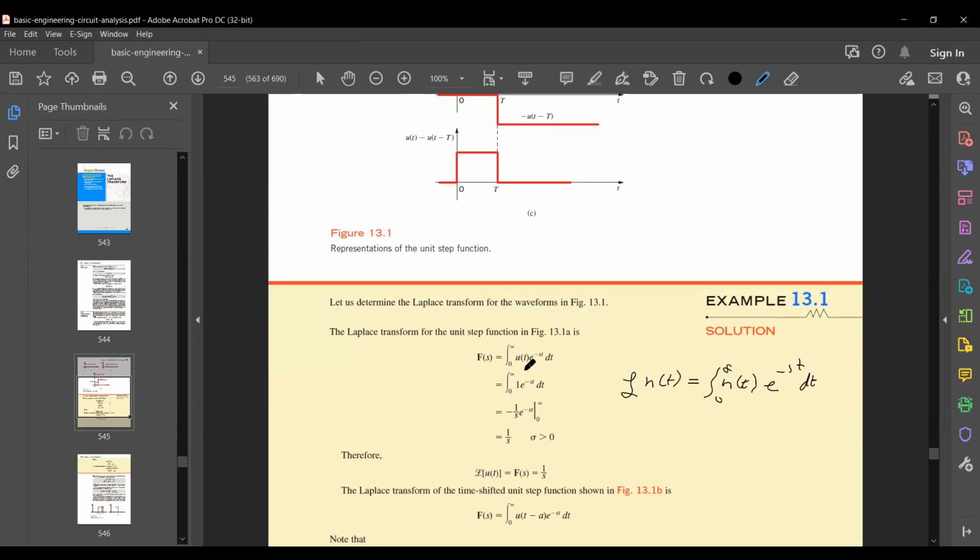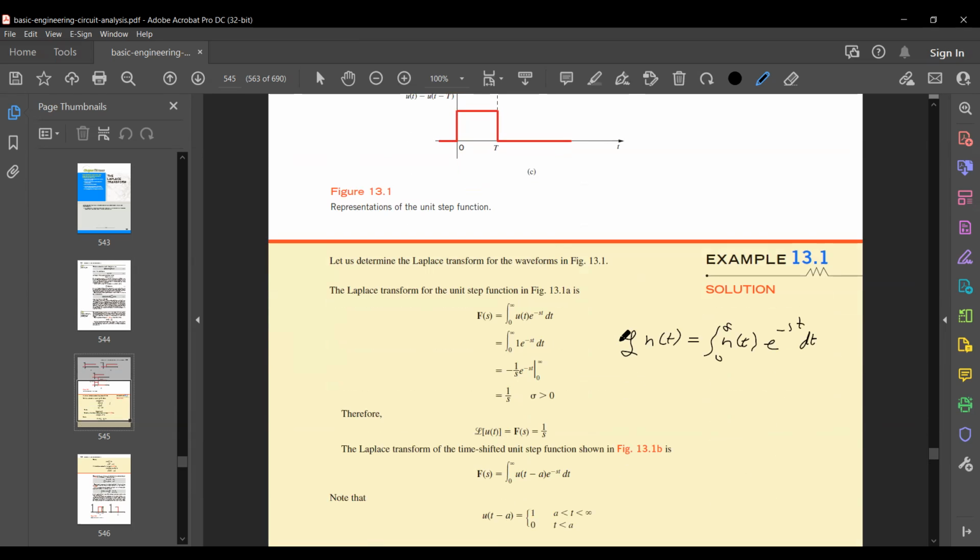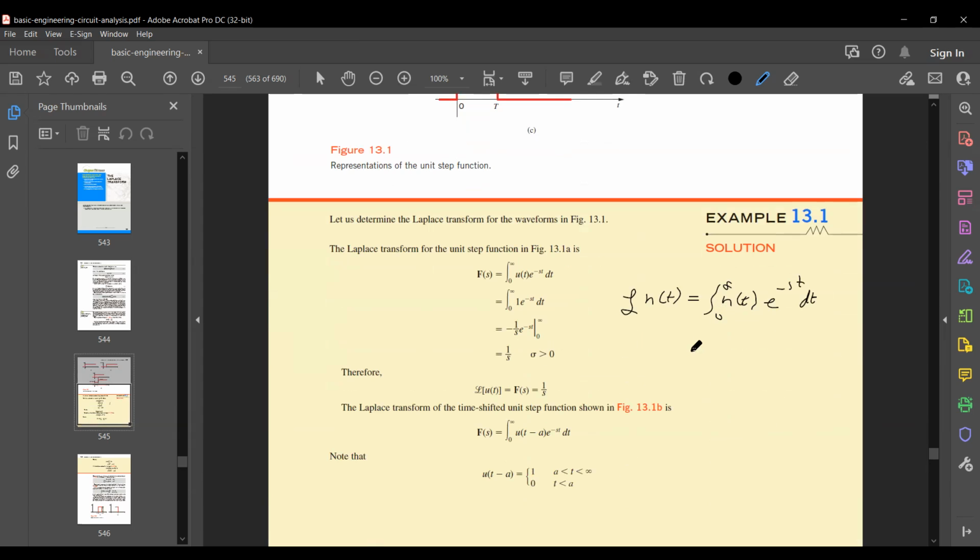This is just a unit step, or just 1. So we can now evaluate that this is equal to the integral of 1 times e raised to negative st, from 0 to infinity. Take note that you have your limits here, so you need to evaluate this function from 0 to infinity.